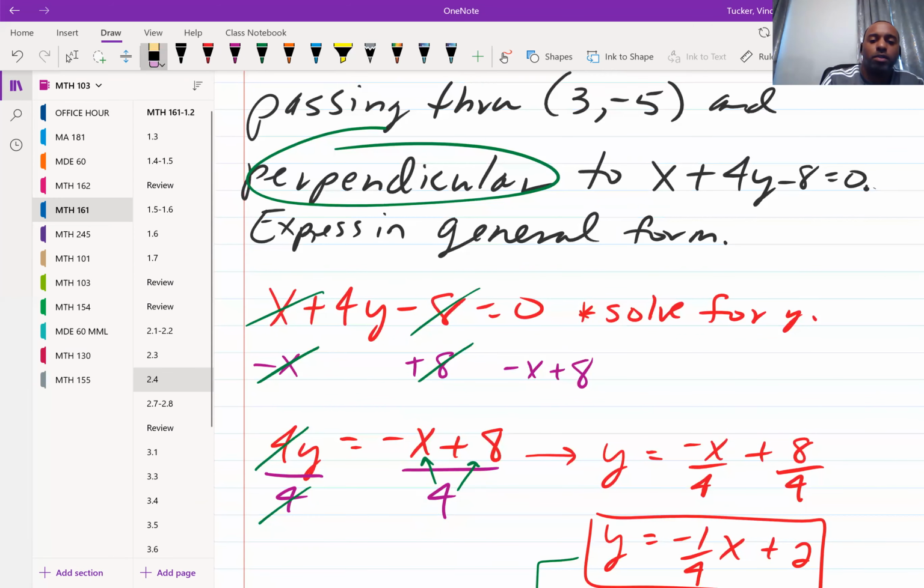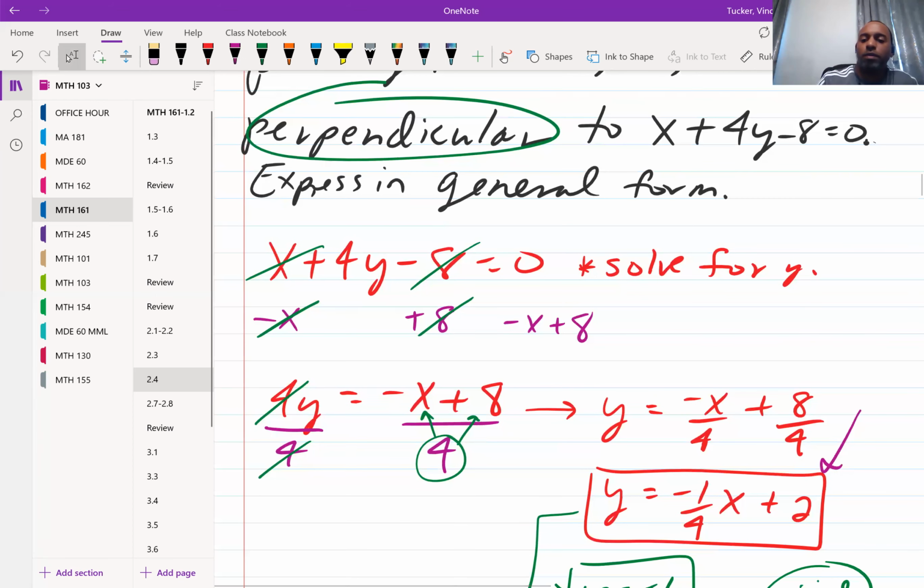And that gives us 4y equal to -x plus 8. Then divide by 4. And don't forget that 4 has to go into each one of these terms when you simplify. So that's what happens over here. And then simplify. So that gives me -1/4 x plus 2. So I'll give you a chance to write that down.